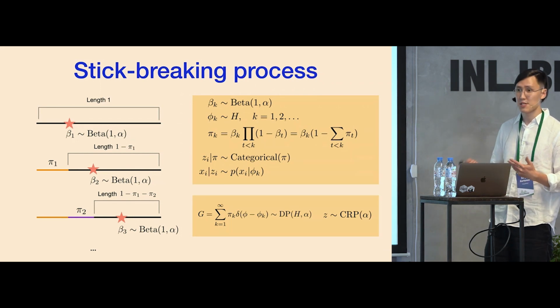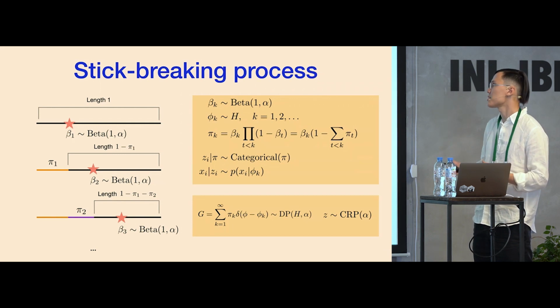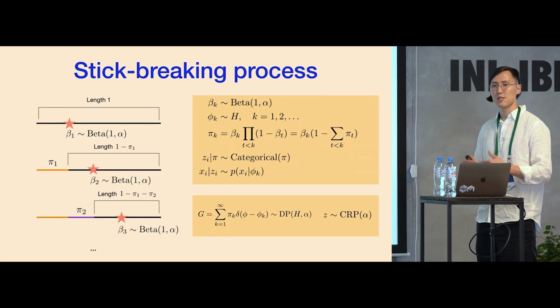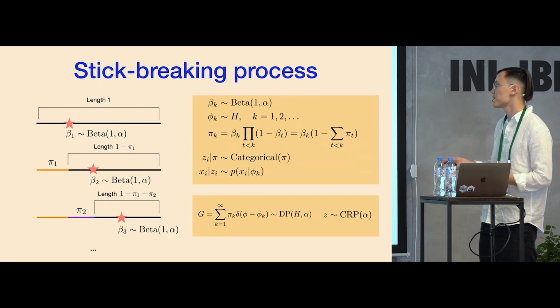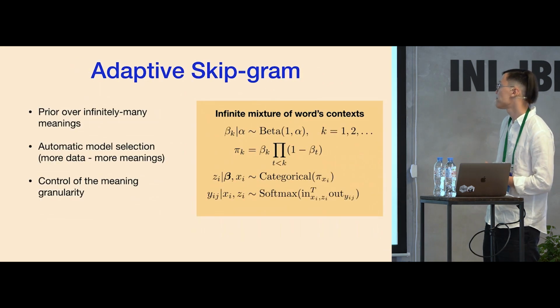This is a very interesting fact, and it is very useful because the Chinese restaurant process is maybe easier to understand when you see this for the first time, but this representation is much more convenient when you need to define a mixture model and use it for Bayesian inference.